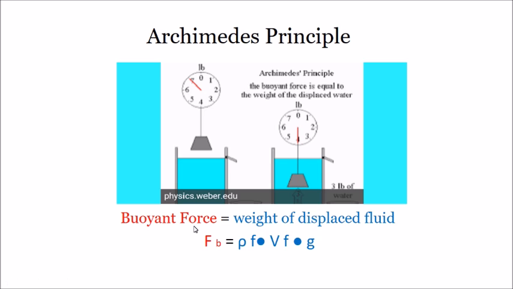So we can write this principle in equation form as Fb = ρf × Vf × g, where Fb, or the buoyant force, ρf is the density of the displaced fluid, Vf is the volume of the displaced fluid, and g is the acceleration due to gravity, or 9.8 meters per second squared.